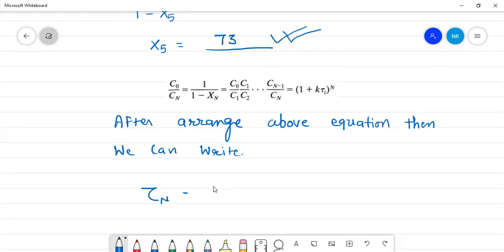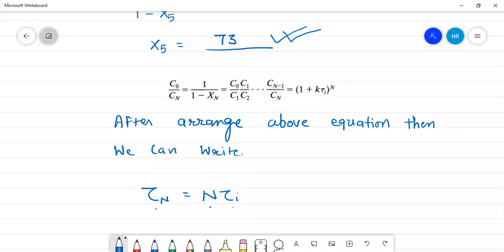Tau n, the space time for n reactors, is equal to n multiplied by the number of tanks multiplied by the space time for each reactor. Space time for the nth reactor is the number of tanks multiplied by tau i.